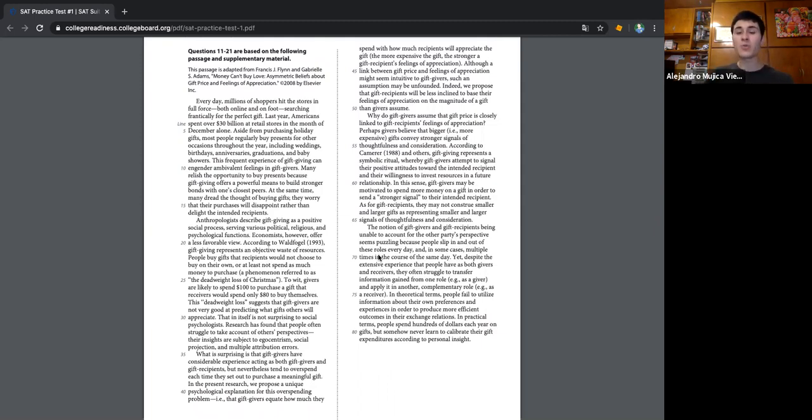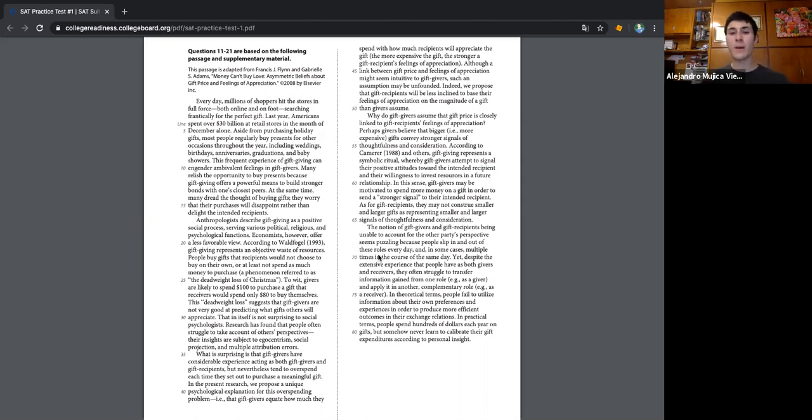Although a link between gift price and feelings of appreciation might seem intuitive to gift givers, such an assumption may be unfounded. Indeed, we propose that gift recipients will be less inclined to base their feelings of appreciation on the magnitude of a gift than givers assume. Why do gift givers assume that gift price is closely linked to gift recipients' feelings of appreciation?